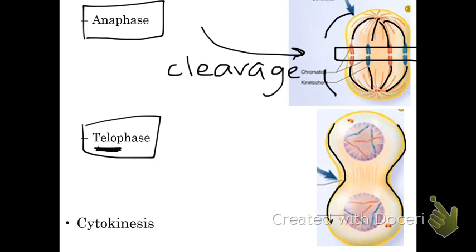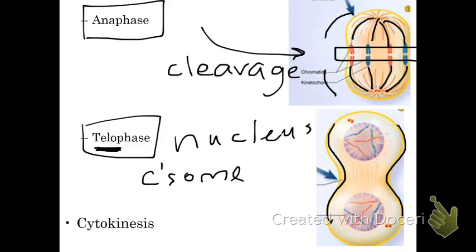And the exact opposite of what happened in prophase happens in telophase. That is, the nucleus is going to reform. So you see the nucleus is reforming here around the chromosomes. The chromosomes, I'm going to call them C-somes here, the chromosomes are going to unravel, or that is, they're going to become invisible again. You won't be able to see them under the light microscope.